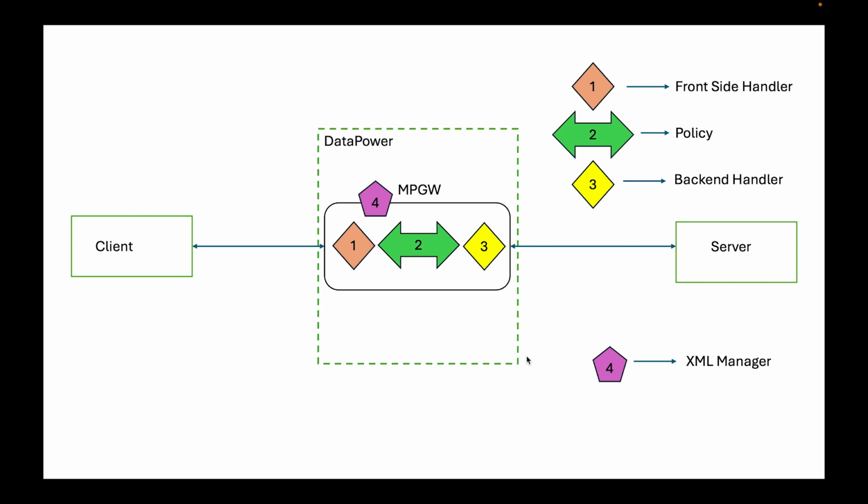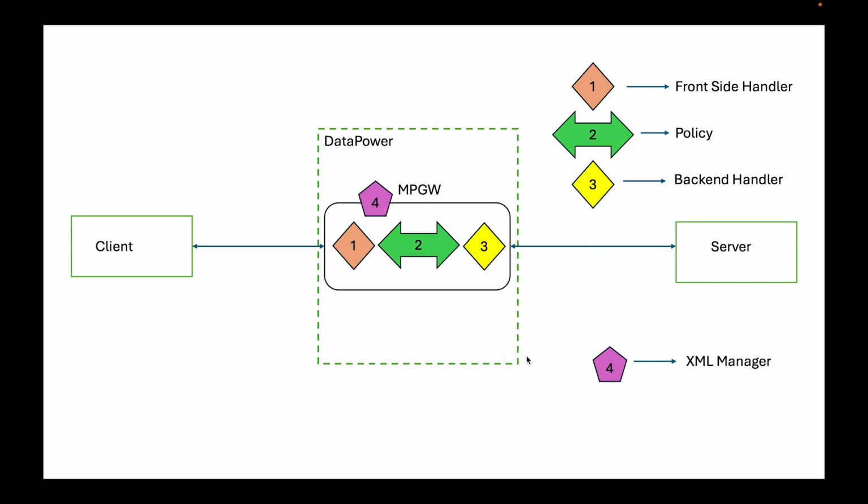Its job is to intercept the client's request, possibly modify it, process it the way the programmer defines, send it to the backend. Again, the backend server gives you the response, process it, modify it the way you want, and send it back to the client. That's the whole job of the multi-protocol gateway.